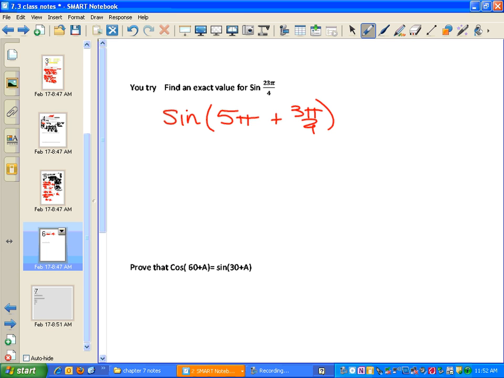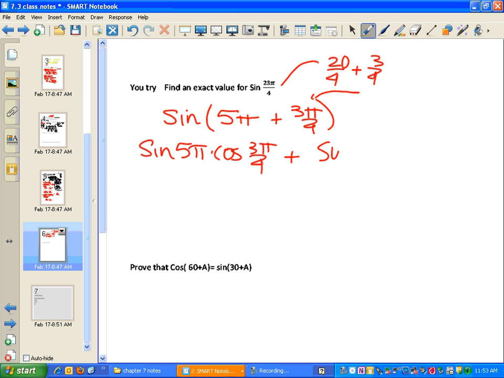Well, that's the sine of 5 pi cosine of 3 pi over 4. So basically what I did for this one is I said, well, that's 20/4 plus 3/4. That's how I got 20. And 20/4 is 5 pi, and then this stays 3/4 pi. So then we're going to say plus sine of 3/4 pi cosine of 5 pi.